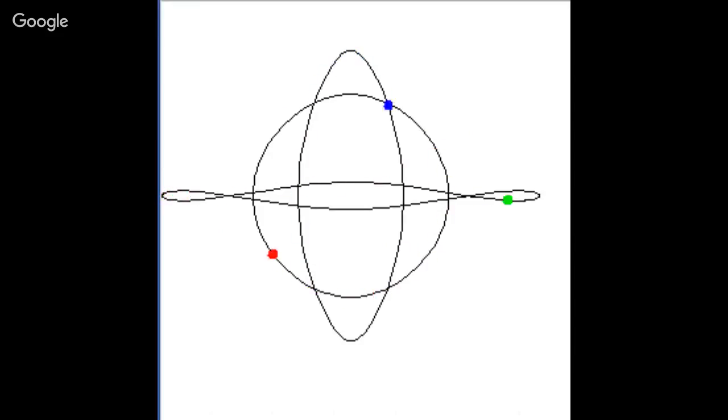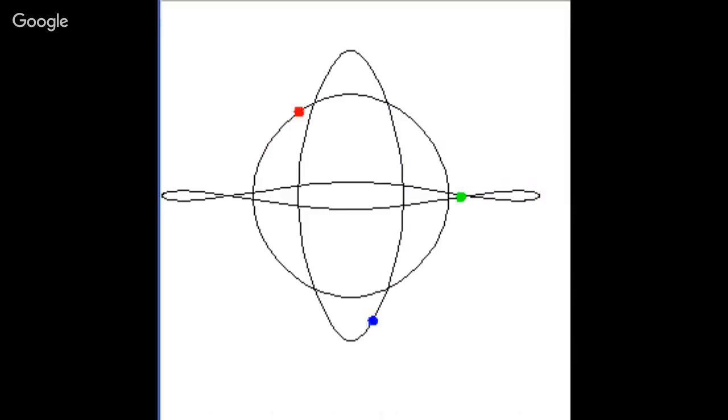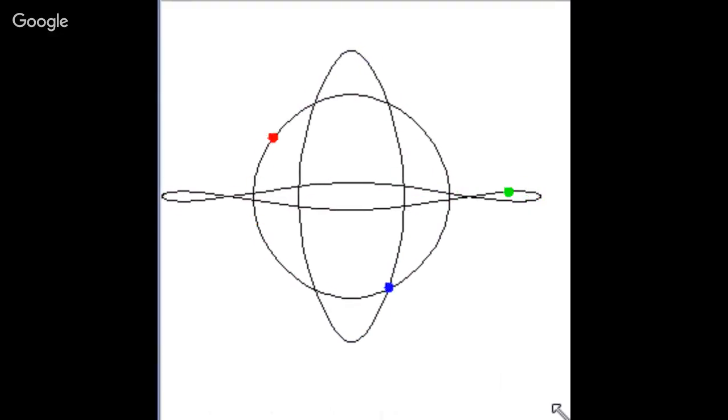So that also seems to be a solution to the three-body problem. But that seems like a very unnatural orbit. Obviously, if we were to see something like that in space, that would break apart very quickly. It's only a solution because those are the only three bodies interacting.